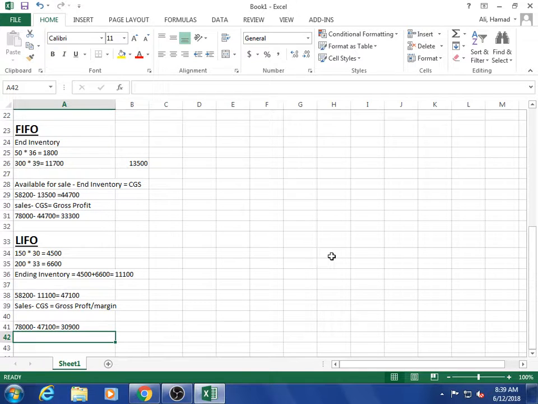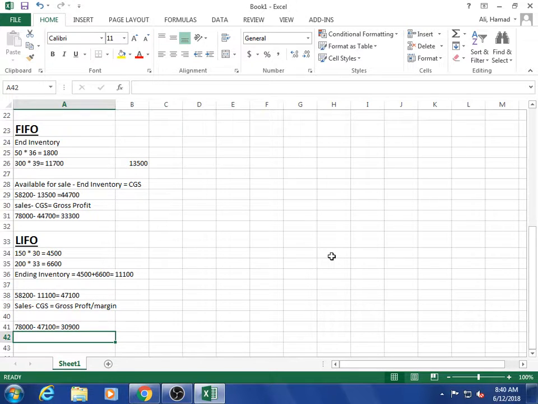The newest prices are usually higher than the oldest prices. Therefore, sometimes you have a higher cost of goods sold. If you have a higher cost of goods sold, then your gross profit is going to be lower. If you have a lower cost of goods sold, you're going to have a higher gross profit.